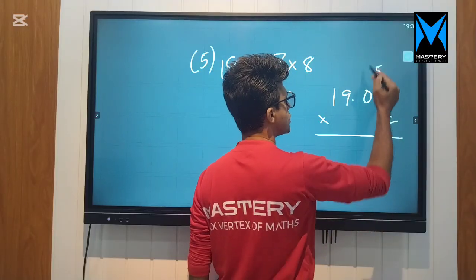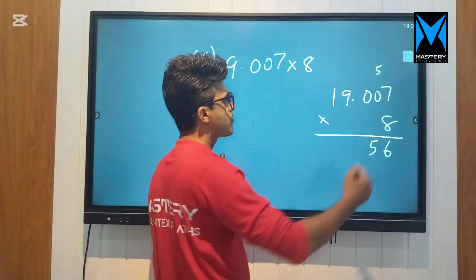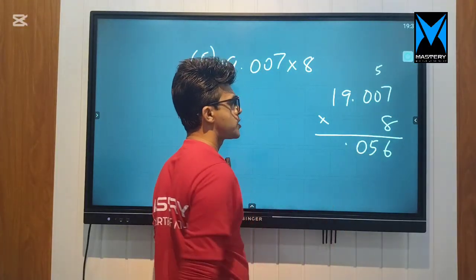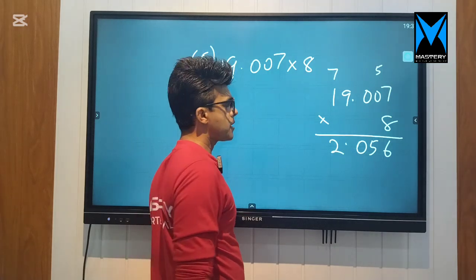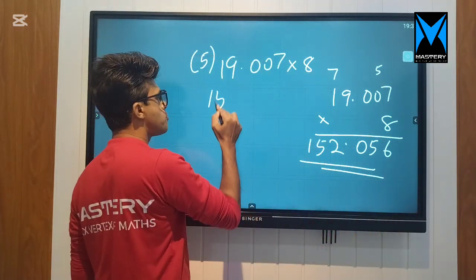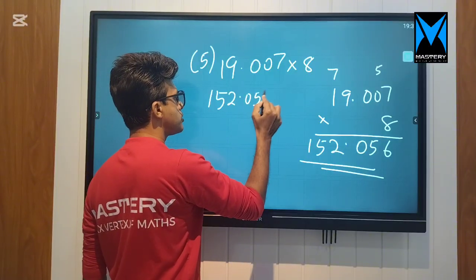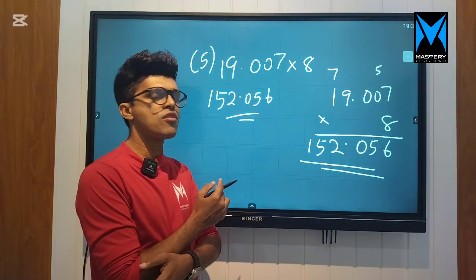Then 8 times 0, 0 plus 5 is 5. After that, 8 times 0, 0. 8 times 9, 72, remainder is 7. 8 times 1, 8 plus 7, 15. So the answer is 152.056.